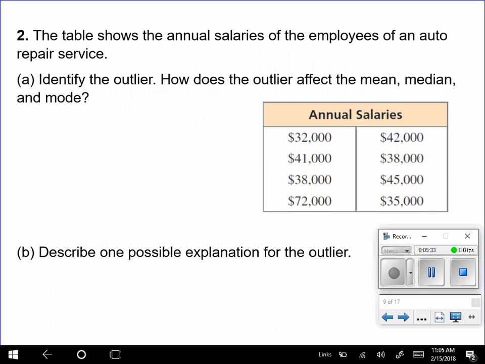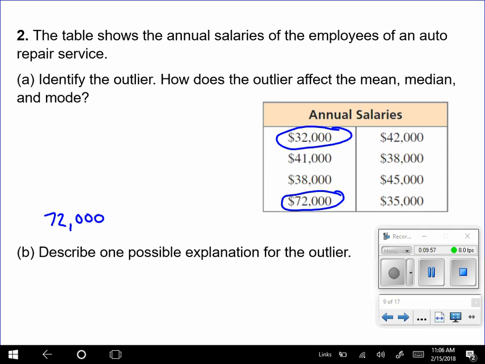It's either really big or really small compared to a lot of the other ones. Maybe just find the biggest one. The biggest one is 72,000, and the smallest one would be, I think, 32,000. So you could find the range there. 72 minus 32 is 40,000. So obviously 72,000 is our outlier, correct?